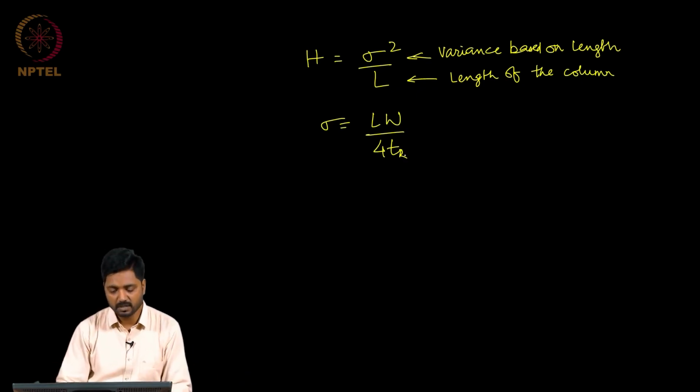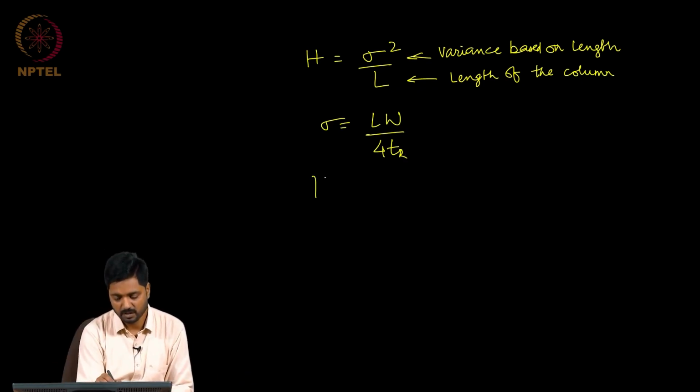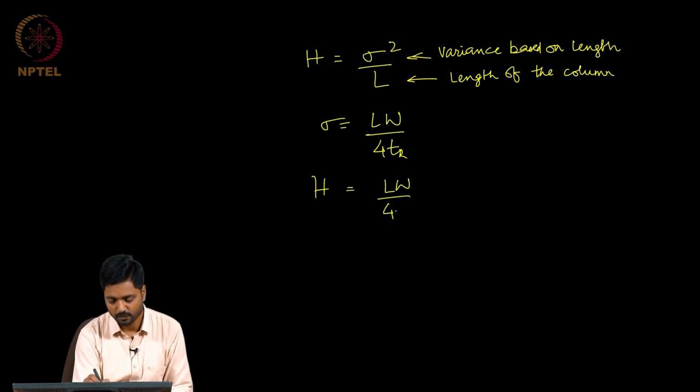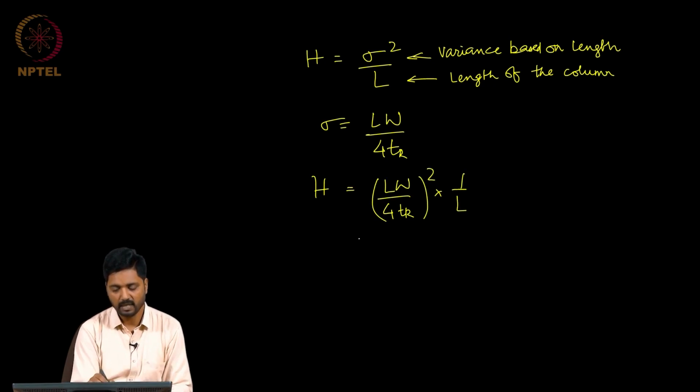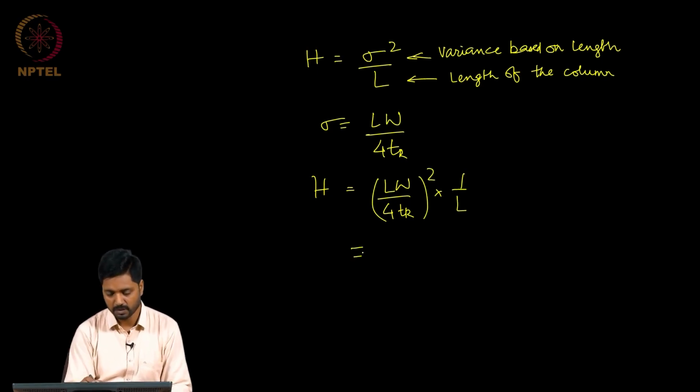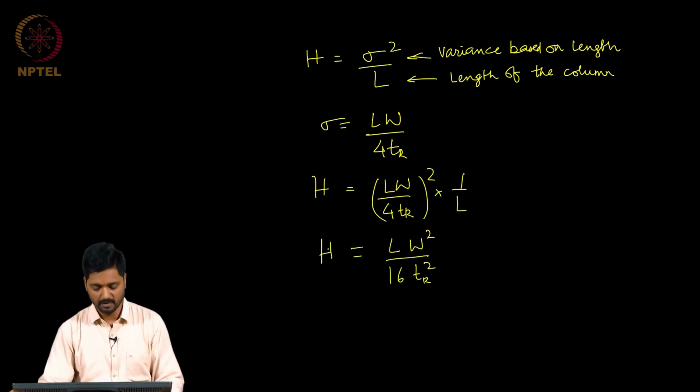When we insert this into this equation, we have H is equal to LW by 4TR squared into 1 by L, and this solves out to LW square by 16 TR square. That is the height of the theoretical plate.